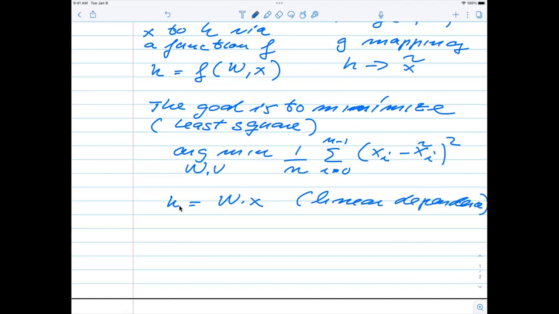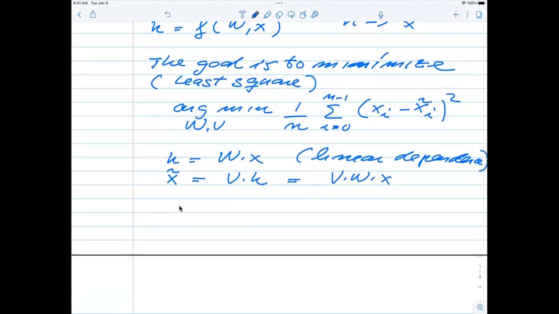And then we assume also that X tilde is now given by a linear dependence between the weights V and the output H from this coding part. And you see now that this can be rewritten in terms of V times W times X.